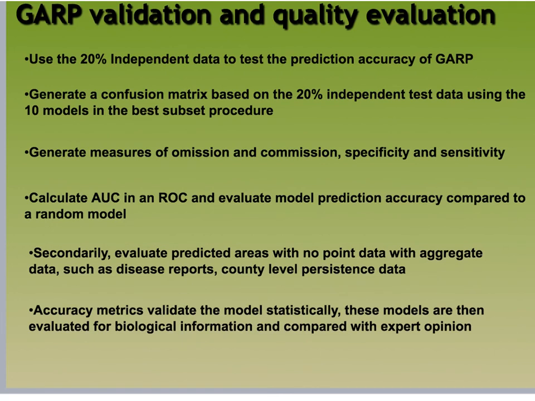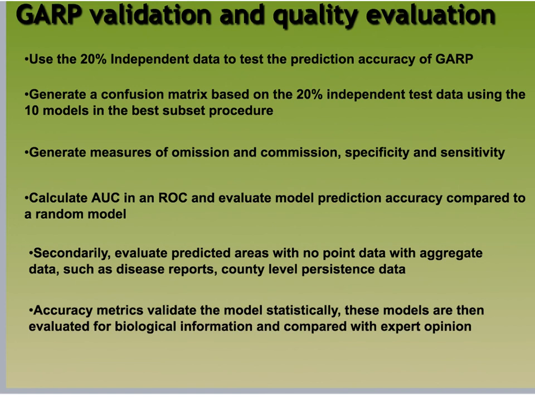When we want to do accuracy metrics outside of GARP, when we want to know if that spatial prediction, in our case for anthrax, was accurate, we then subdivide the data before they go into GARP. So I showed you the green and yellow dots earlier.